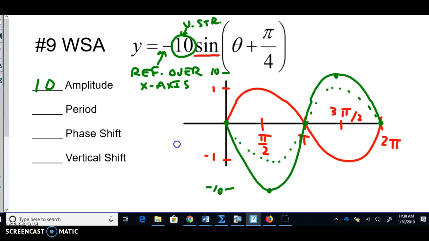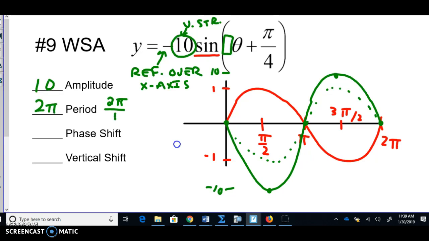The period comes from, again, the normal period, which in radians is 2 pi, divided by this coefficient on theta, which is 1. So the period is 2 pi.